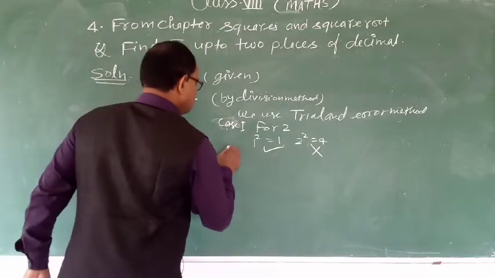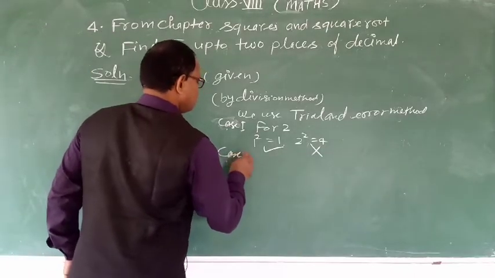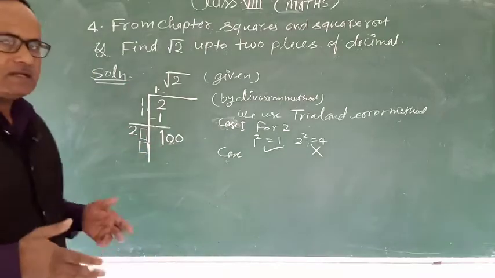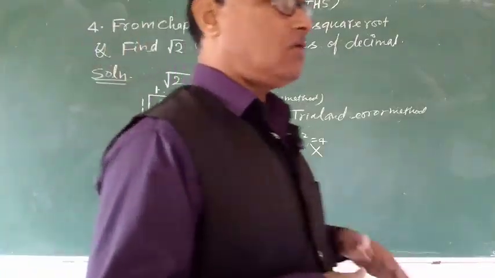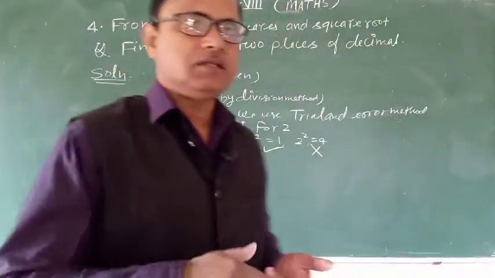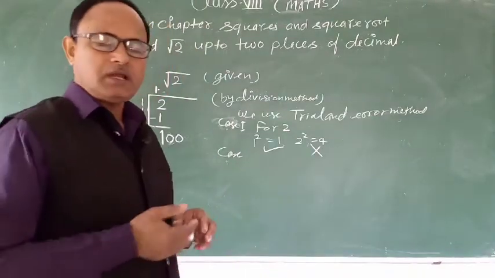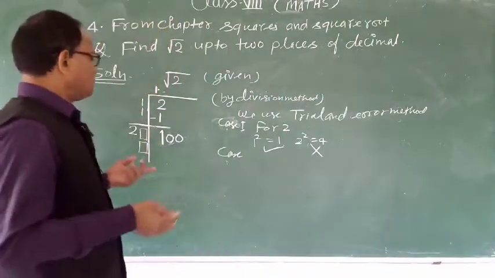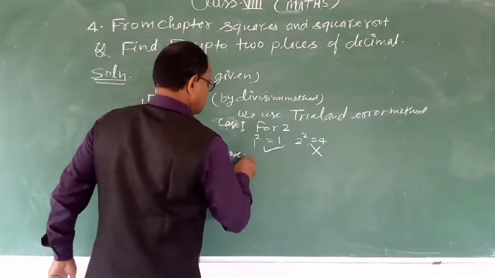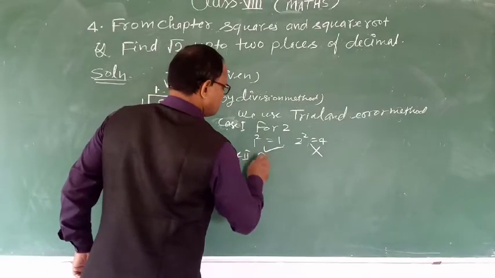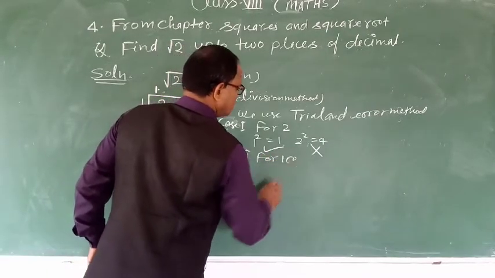For this second case, we check which number's square is equal to 100 or less than 100, not more than 100. Which number? Case second for 100.